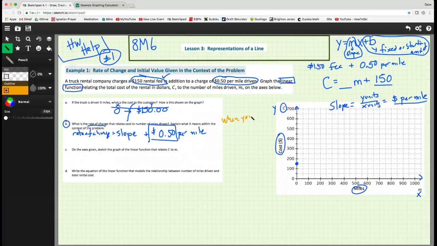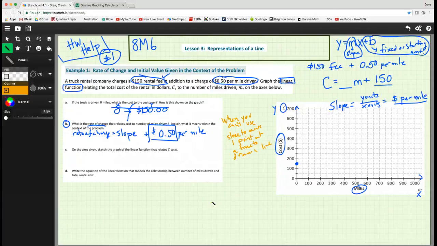When you can't use delta Y over delta X, when you can't use slope to move 1 point at a time to draw a line.